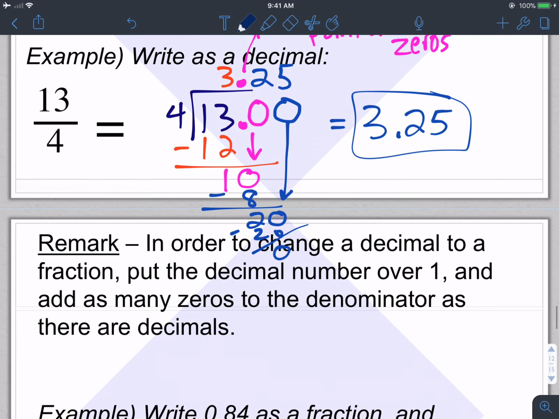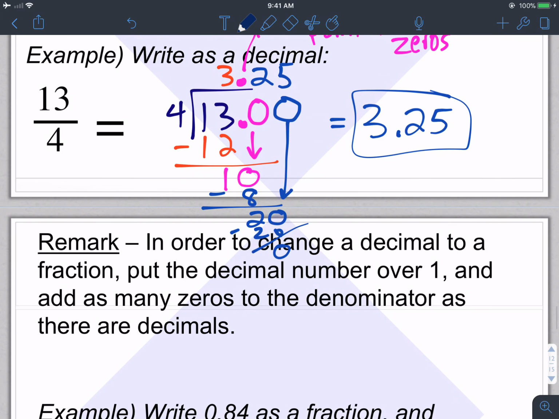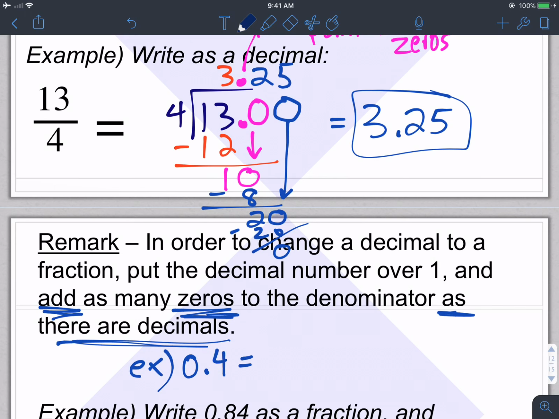In order to change a decimal to a fraction, add zeros as there are decimals. So for example, 0.4, 0.42, 0.425.